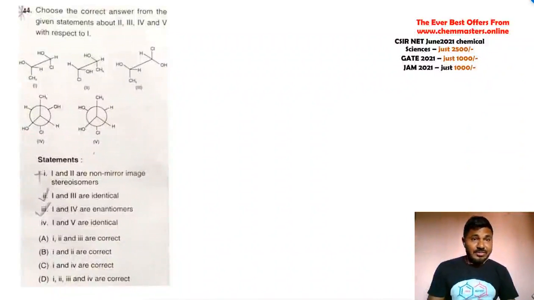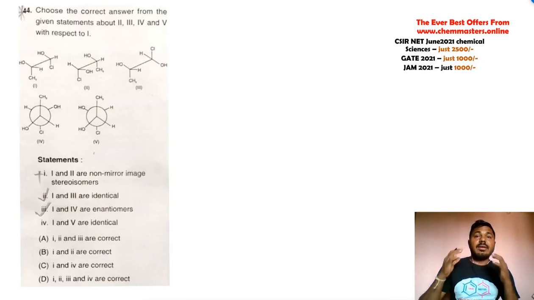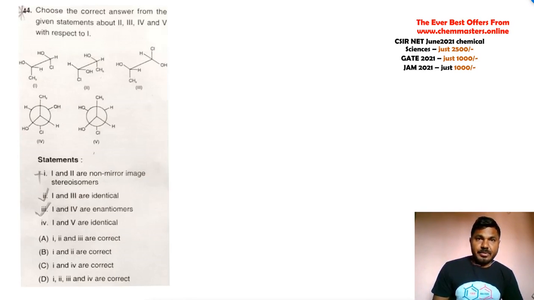So here in this video, we are going to analyze an important question on stereochemistry. We know that stereochemistry is the most important topic in the organic part of many chemistry related examinations. Why?